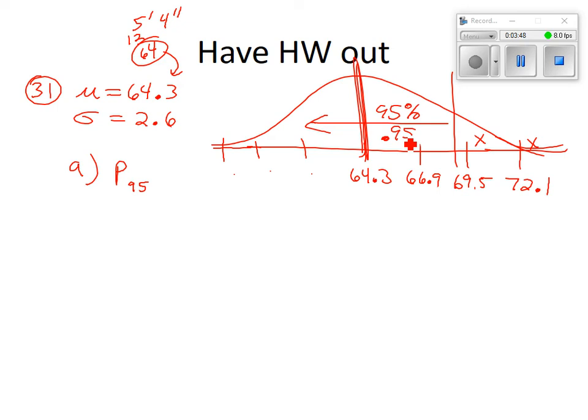You'll have to help me out because I don't remember with the calculator. What do we put in on the calculator? If we're going backwards, wouldn't it be inverse norm or something? Is that right?